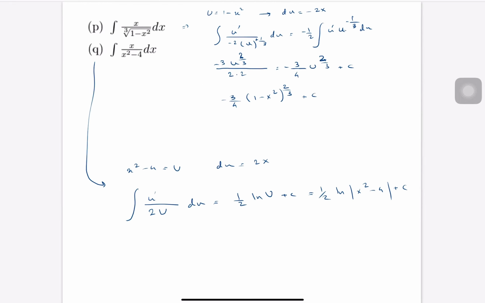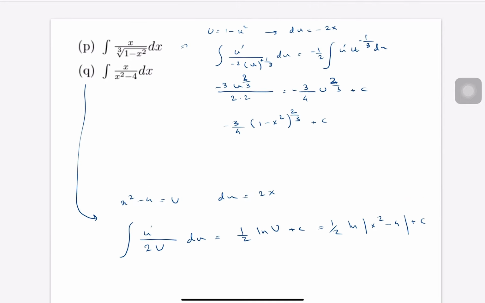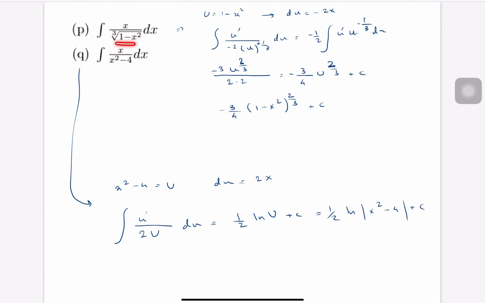The last two examples, again, the same. Under the radical, I put u, 1 minus x power 2 is u, derivative will be minus 2x.